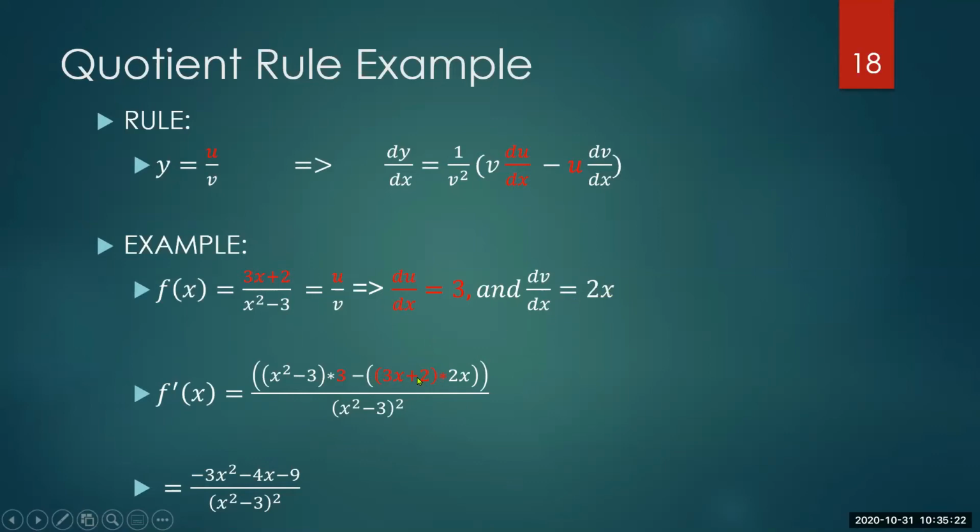And under the line we have v squared, and that's (x squared minus 3) all squared. And so when you multiply all that out, you get f dash of x is (minus 3x squared minus 4x minus 9) all over (x squared minus 3) all squared. That looks like it might be simplified a bit, but we don't really mind at this stage, because our goal was just to differentiate the original function.